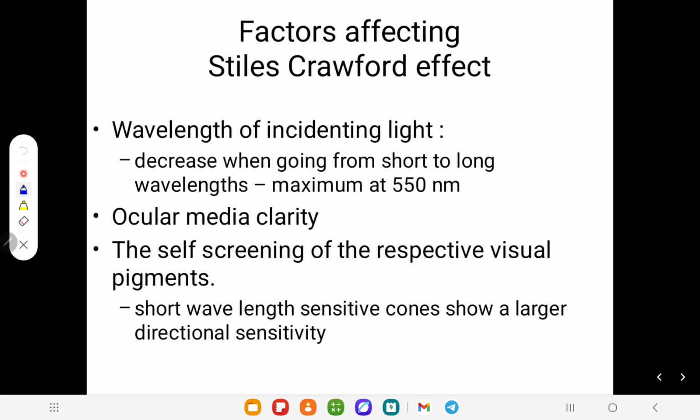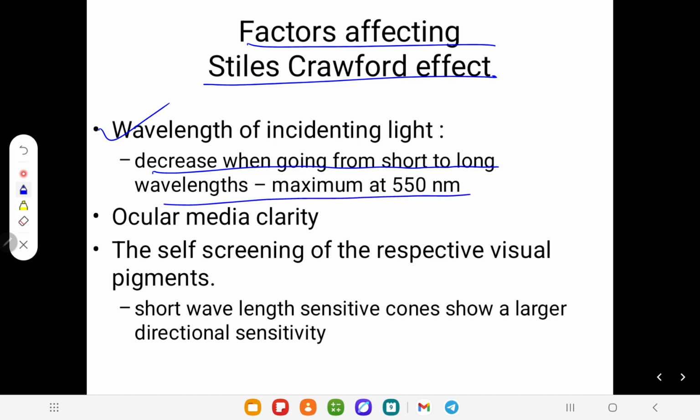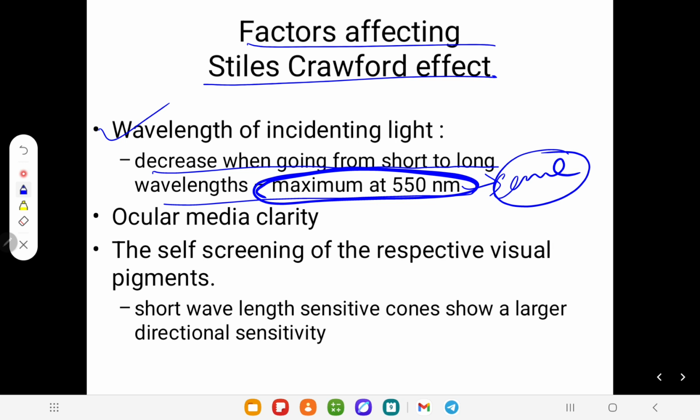Okay, the factors that affect the Stiles-Crawford effect: first, the wavelength of the incident light. The effect decreases going from short to long wavelength. It's maximum at 550 because the cone has maximum receptor sensitivity at 550, isn't it?